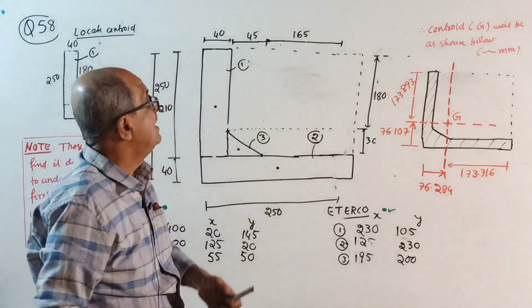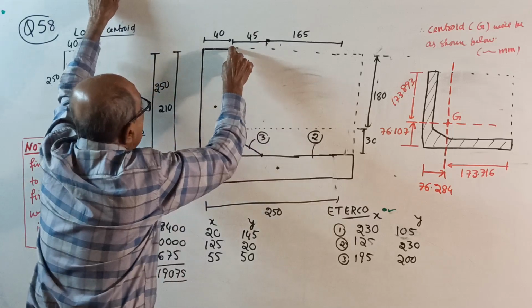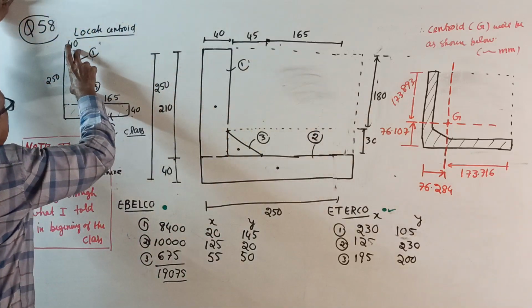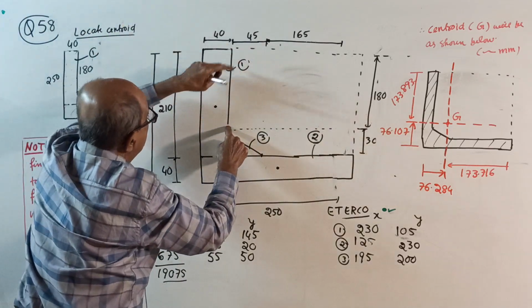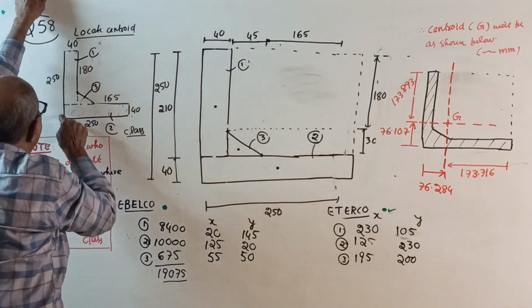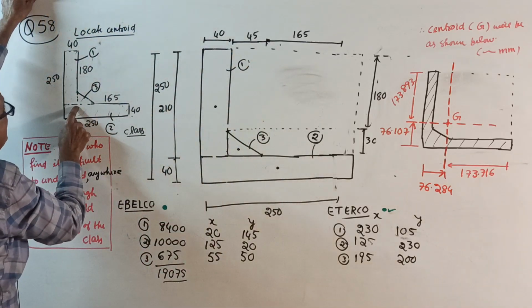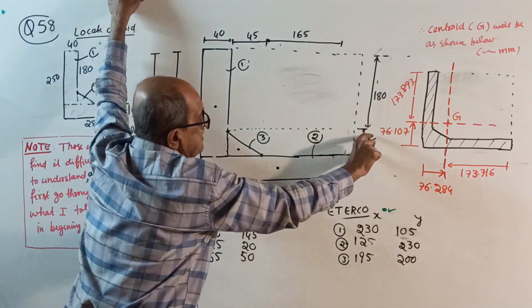Don't bother about scale. When this is 180 and this is 40, from total 250 subtract 40 and subtract 180, and you get this distance as 30.